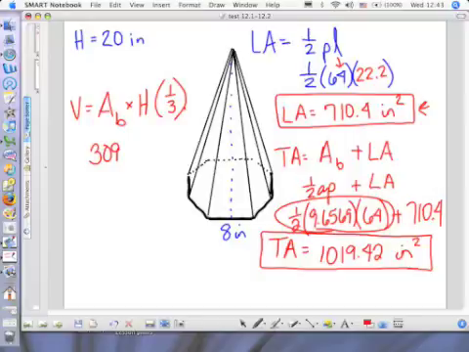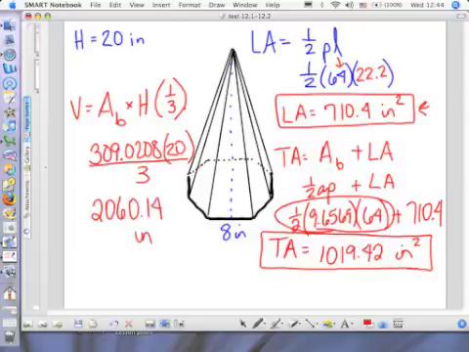Okay, so that's 309.0208 times the height of 20 times 1/3, which is the same thing as divided by 3. And I get 2,060.14 inches cubed for the volume.